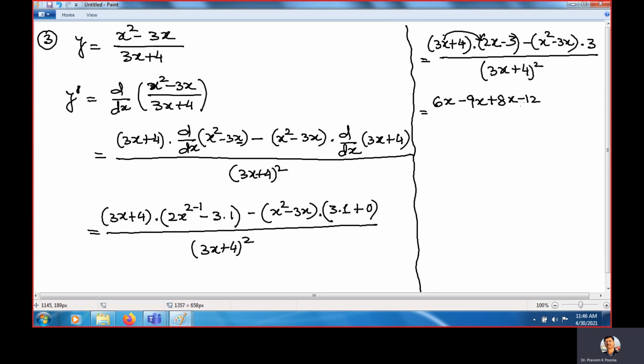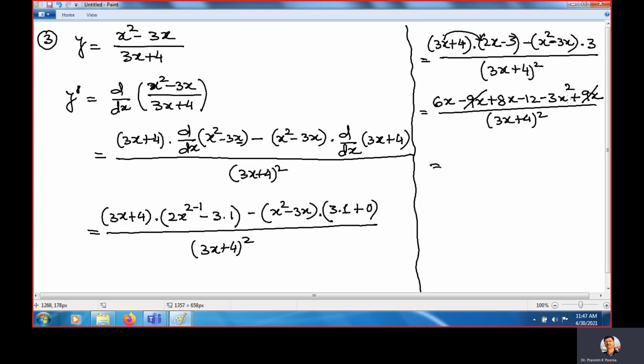You need to multiply each term. Minus, plus minus x square into 3, 3x power 2. And minus plus 3 into 3, 9x. Clear? And plus 9x is cancelled by minus 9x, upon (3x plus 4) power 2.